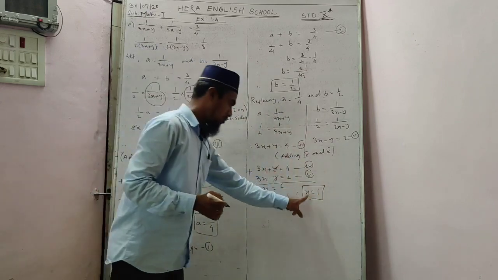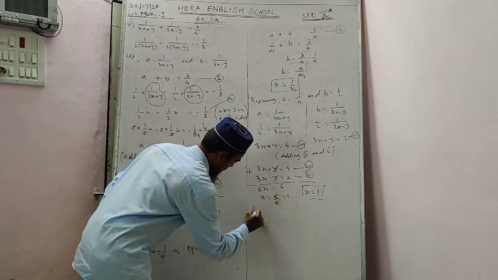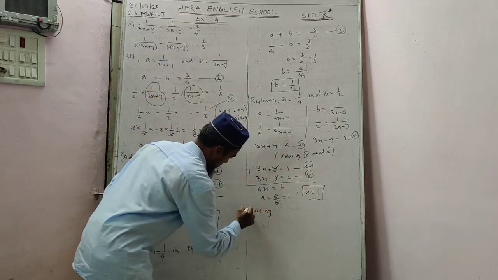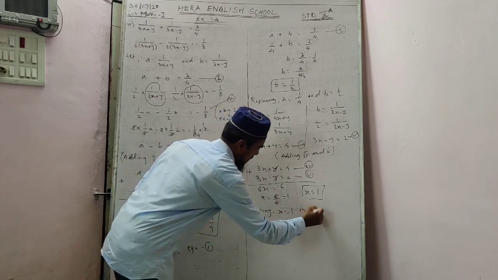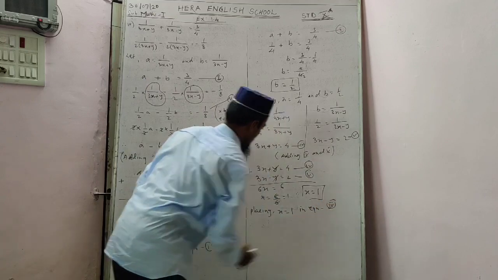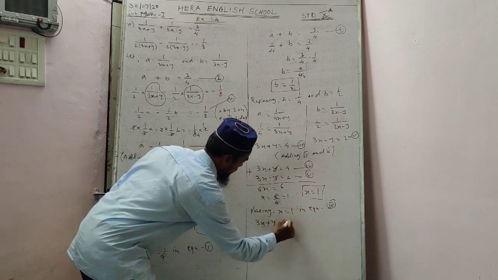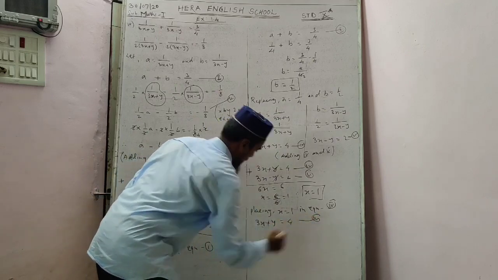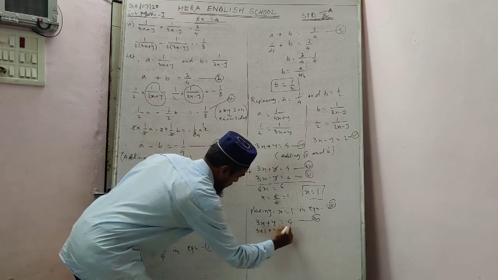Now we will substitute the value of x in equation 4 or 5. Okay, now we will write here, placing x equal to 1 in equation. Suppose we are placing in the fourth one. The fourth one we have 3x plus y equal to 4. Keep the value of x, we got 3 times 1 plus y is equal to 4.